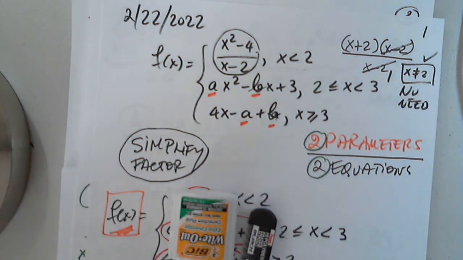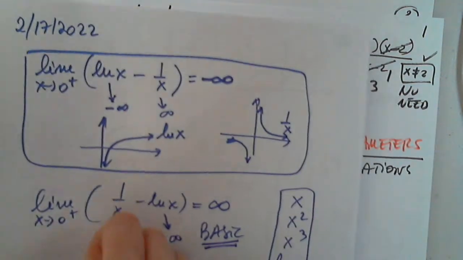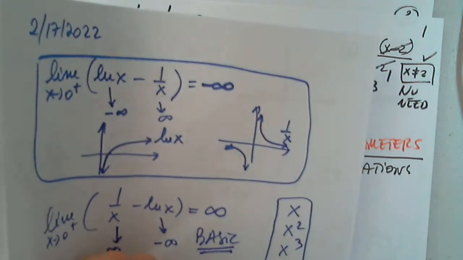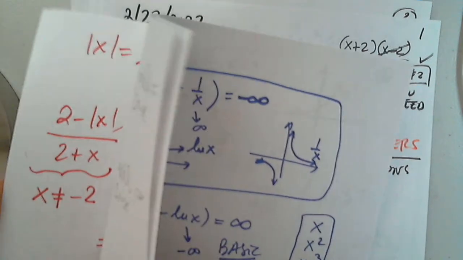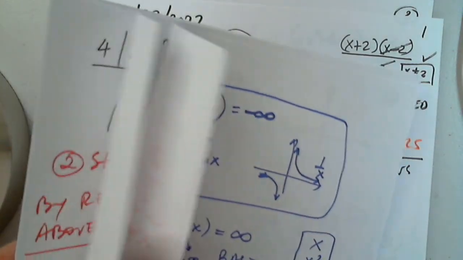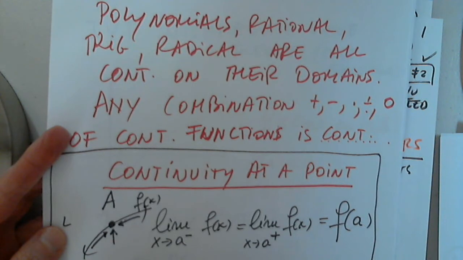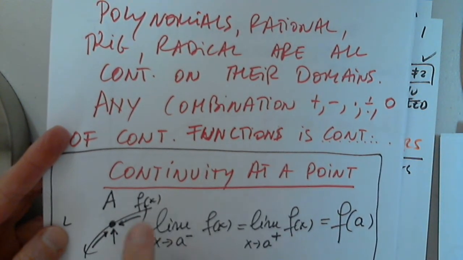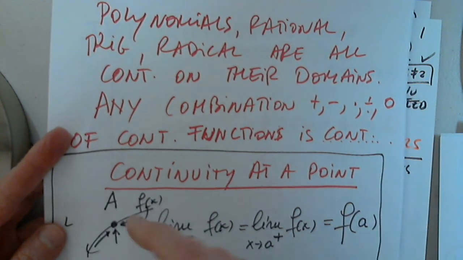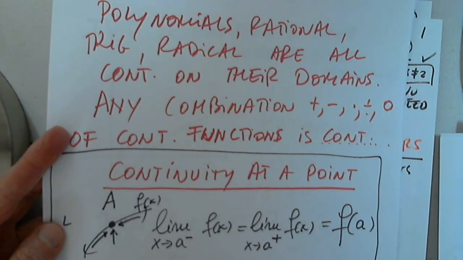I'm only saying that at the point when x equals 2, for the function to be continuous, the limit from the left, the limit from the right, and the function value have to be the same.